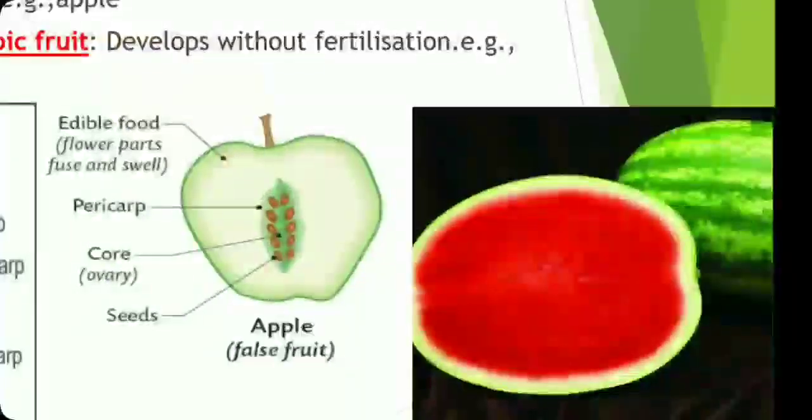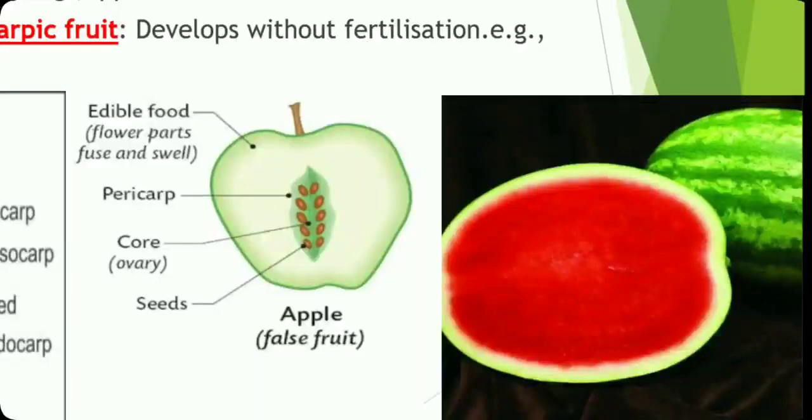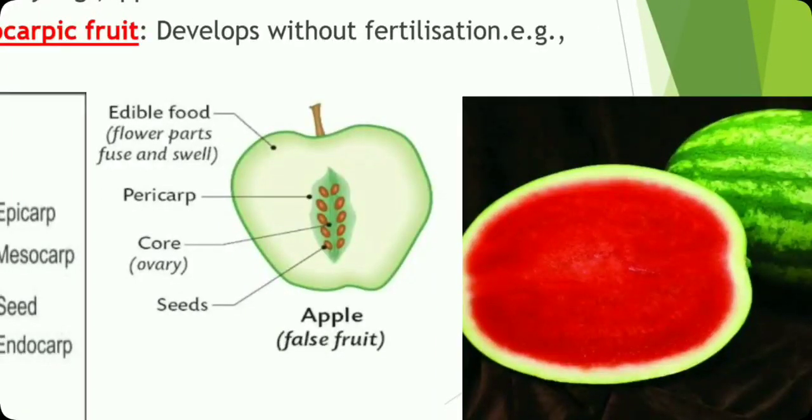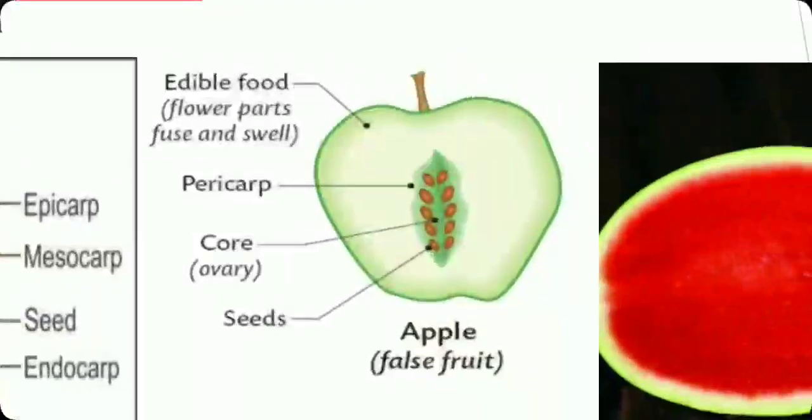Here you can see the example of watermelon. There are so many seeds there, but if you get a watermelon without seeds, you'll be happy. So this is a parthenocarpic fruit. And this apple you are seeing is actually developed from the thalamus.